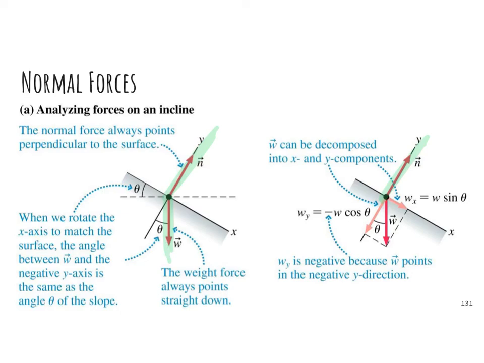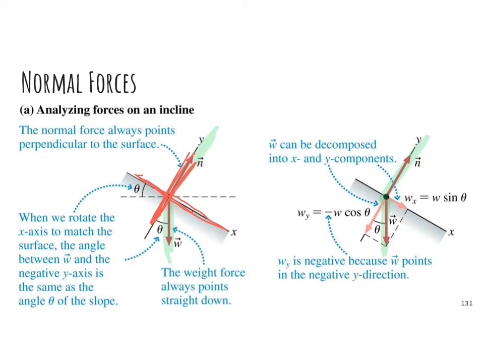The weight force is still straight down, right? There's always weight going straight down towards the center of the earth. So when we draw this, we're actually going to rotate our x-axis to match the surface. So this becomes our positive x-axis, and this becomes our y-axis. We do that so it's a little easier to break down the components.